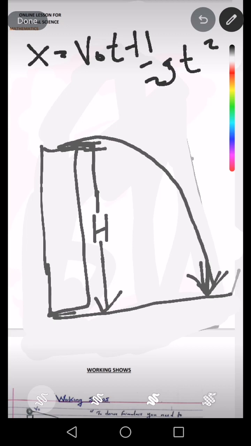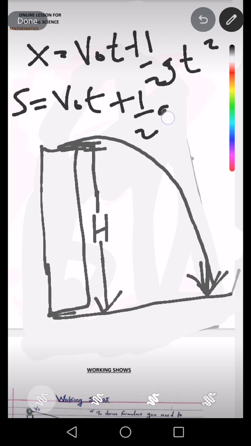Which is x is equal to v initial t plus half g t squared. That is the first formula. Or if some of you are used to saying s is equal to v naught t plus half a t squared. Now you know this.